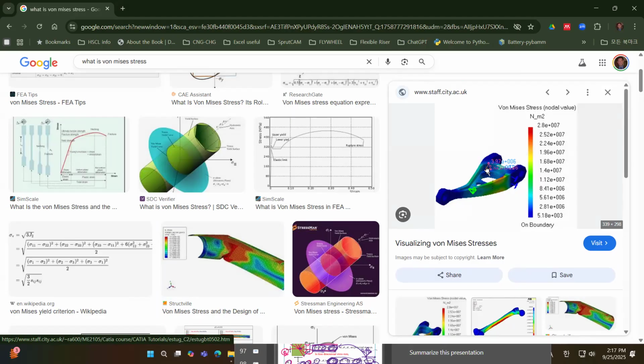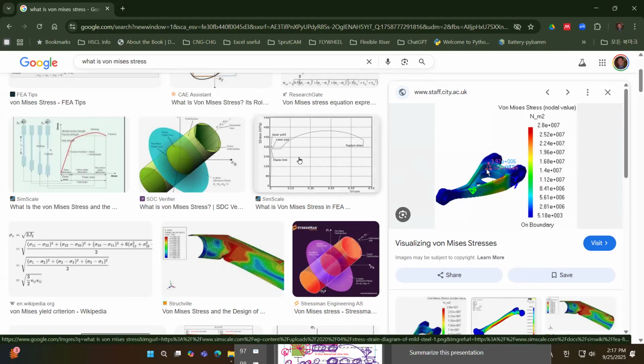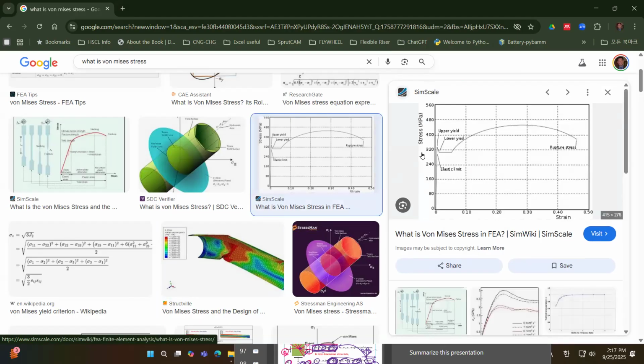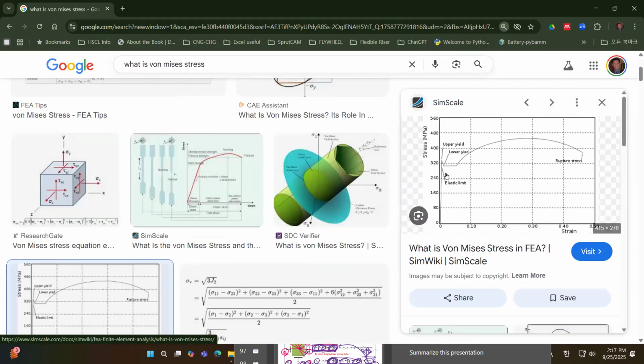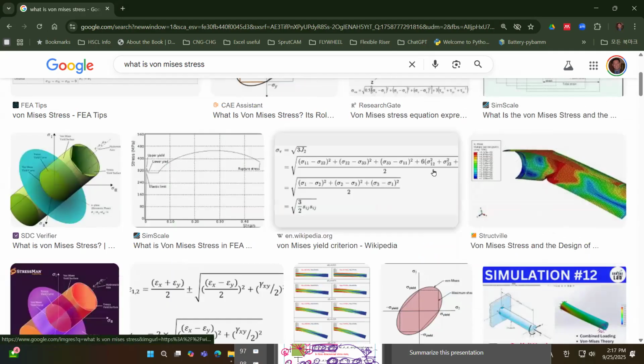How? Well, we already have the yield strength, sigma yield. See, this gives us a stress-strain curve, and this is the yield strength, right?